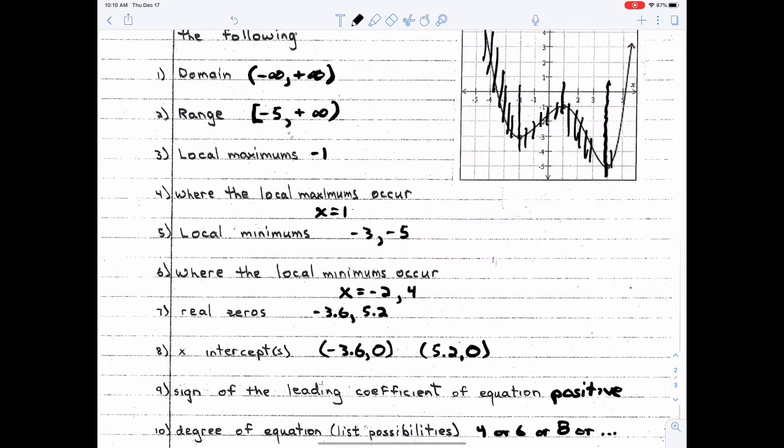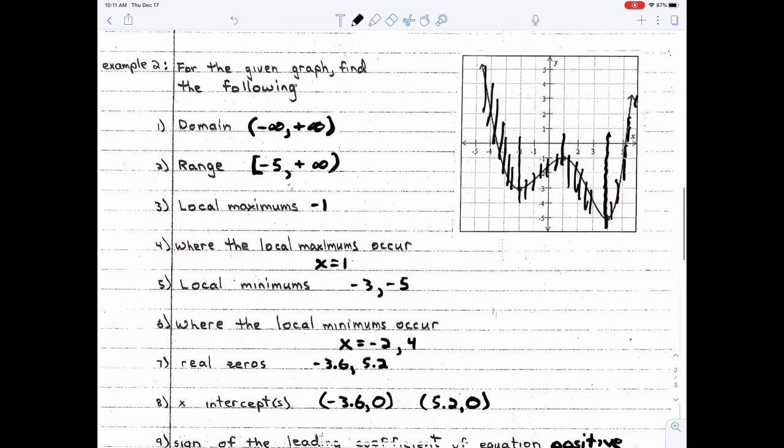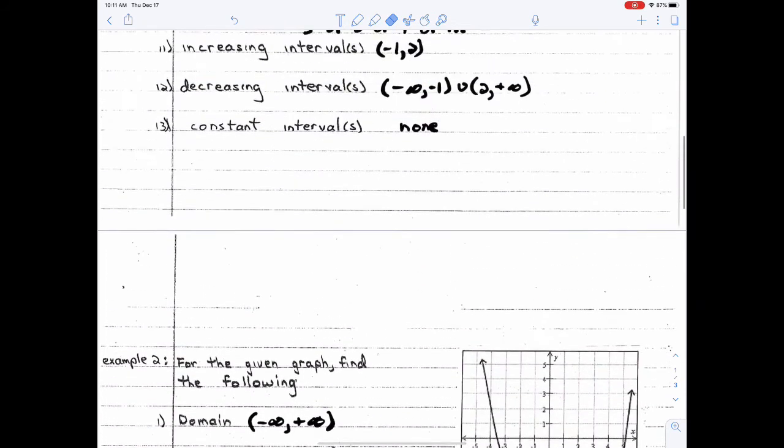And then from 4 to positive infinity, it's increasing. And there are no constant intervals. By the way, a polynomial will never have a constant interval unless it's a horizontal line, but that's the only case. The thing I'd emphasize, just because it's the thing people have the most difficulty with, are increasing, decreasing, and constant intervals.